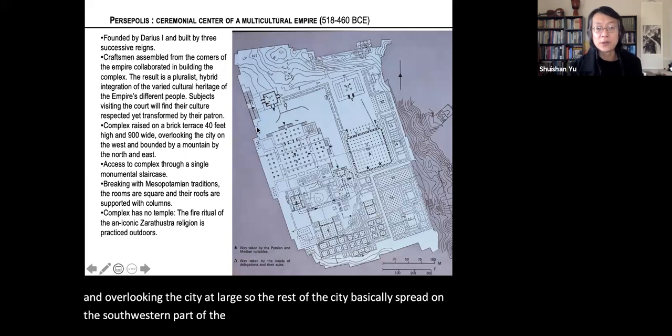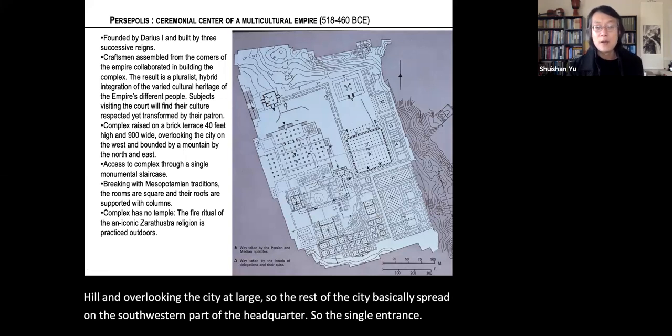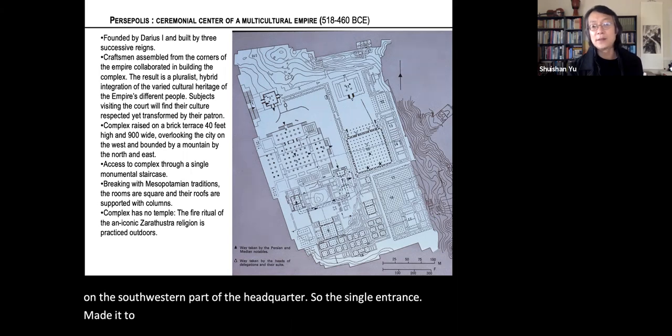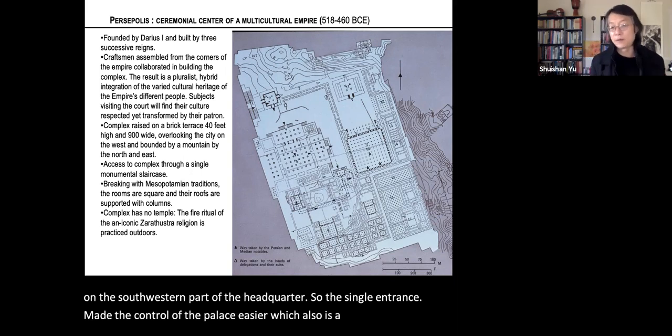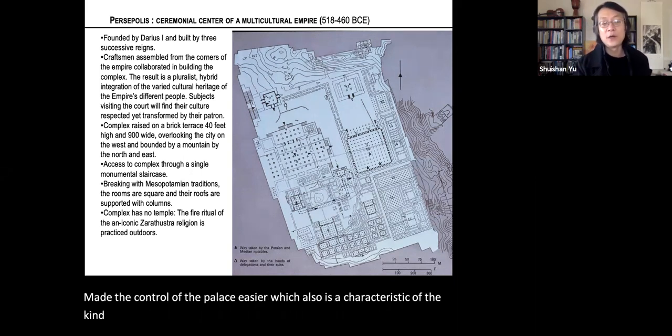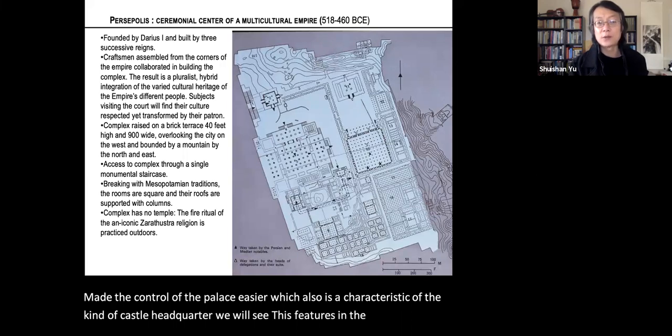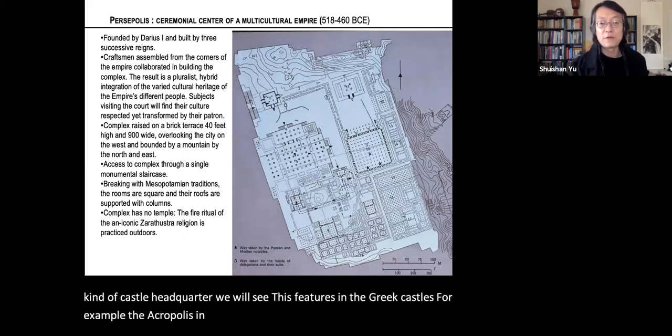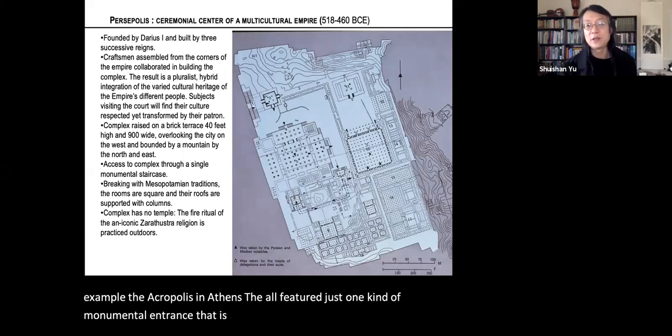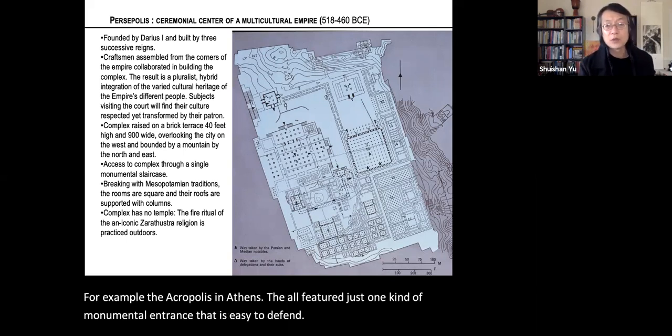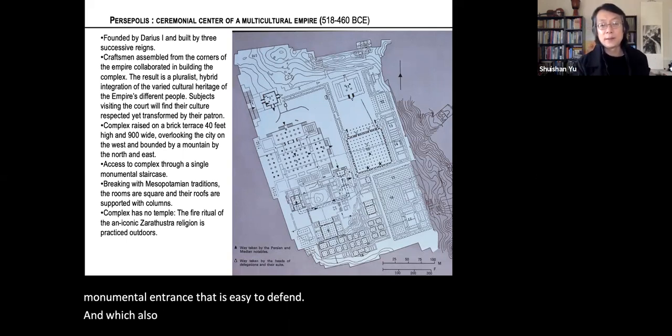So the single entrance made the control of the palace easier, which also is a characteristic of castle headquarters. We will see this feature in the Greek castles, for example, the Acropolis in Athens. They all featured just one monumental entrance that is easy to defend, which also made the defense of the castle easier.